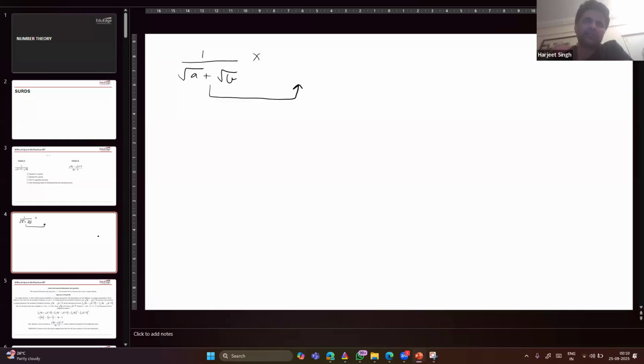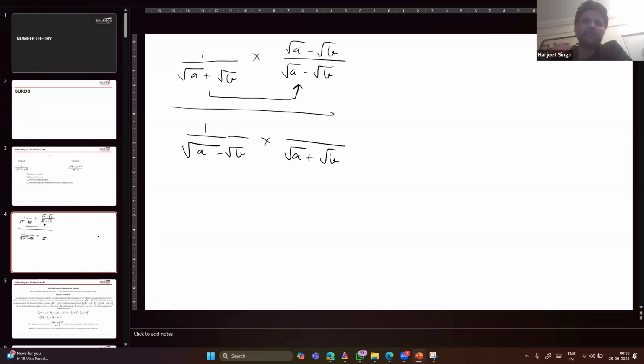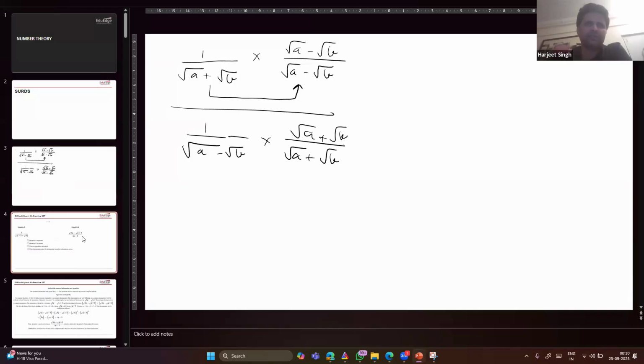Complement is just changing plus to minus or minus to plus in between. Similarly, if you have root a minus root b, you'll multiply by root a plus root b, both numerator and denominator. And that's what is needed. So with that background, can you please solve this?